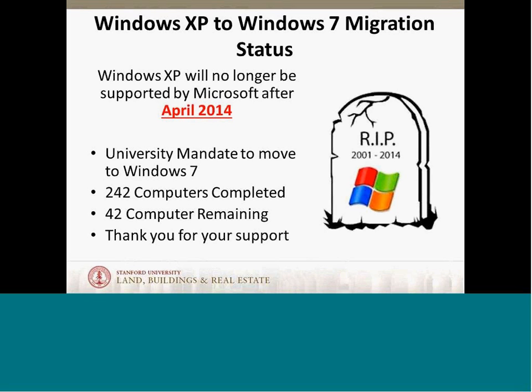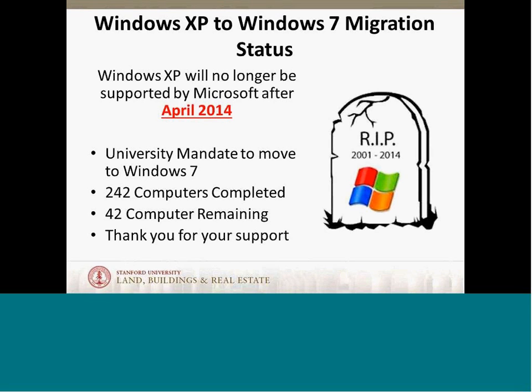Windows XP. A lot of companies loved it, and then Windows Vista came out. Who knows Windows Vista? We did not change to Windows Vista here at Stanford, because it was an operating system that had many flaws.